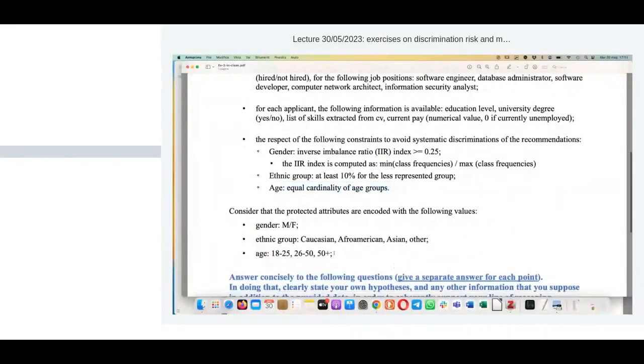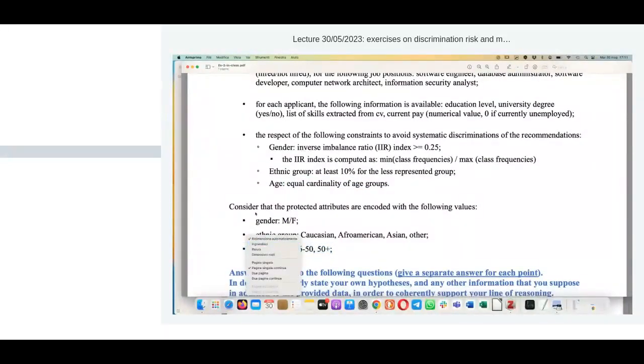Oh, well, no, we know the age groups. Sorry, I totally forgot this part. Consider that protected attributes are encoded as follows: gender in the binary case; ethnic group as Caucasian, African American, Asian, or other, 4 levels; and age group as 18 to 25, 25 to 50, and more than 50.